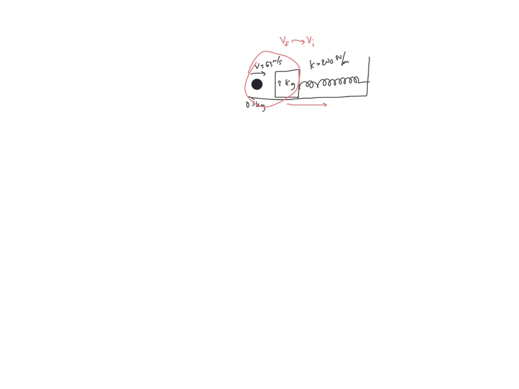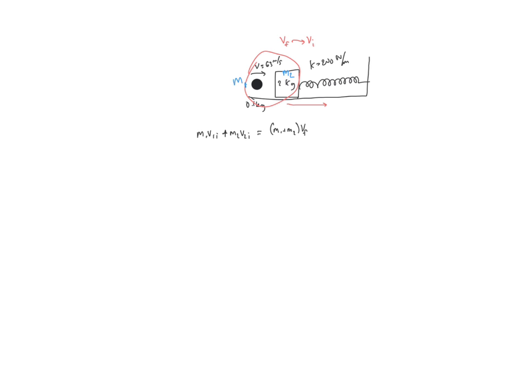So we want to set up m1 v1 initial plus m2 v2 initial, and since they are stuck together, we're going to use the conservation of momentum equation that has m1 plus m2 stuck together with a combined final velocity. So let's make m1 represent the clay ball and m2 represent the block.